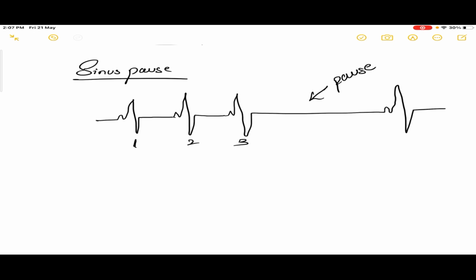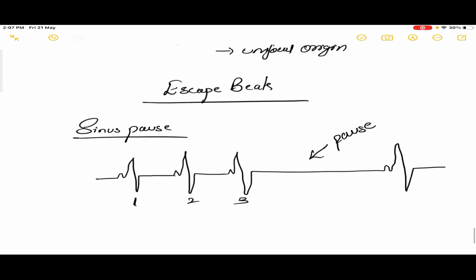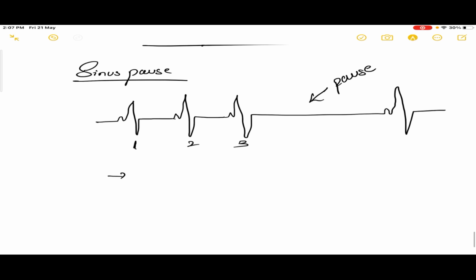Here the SA node pauses for a while and starts again. Since all the waves are due to the SA node, there are no premature beats. So these are called sinus beats.